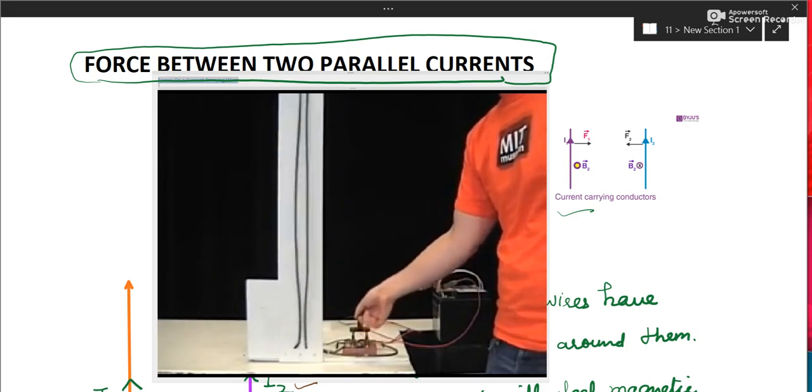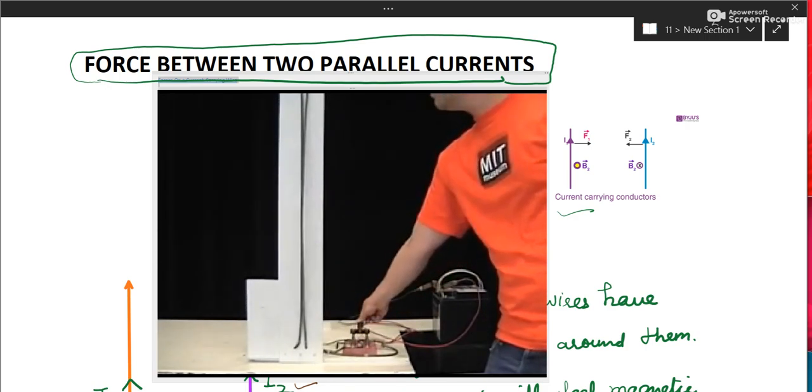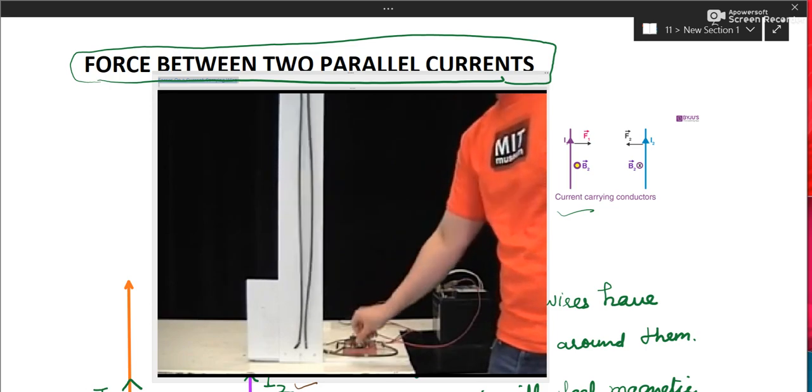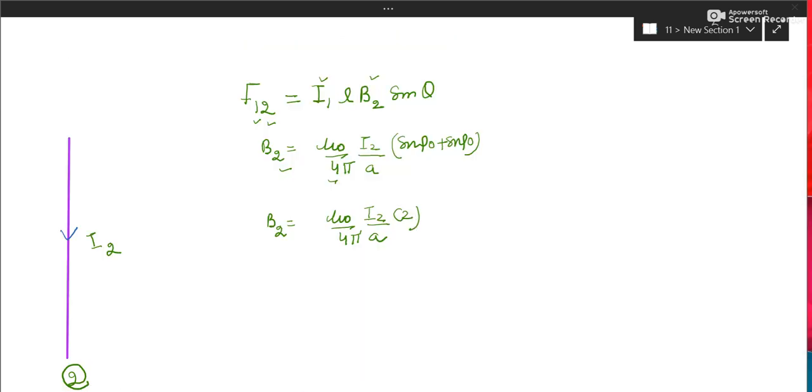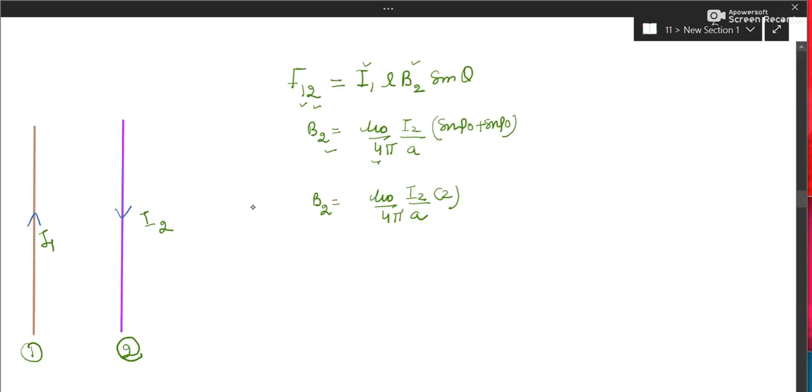See, they are repelling, attracting, repelling. So when he is changing the directions, you can see here, I am trying to derive the expression again, when the wires carry current in opposite directions.